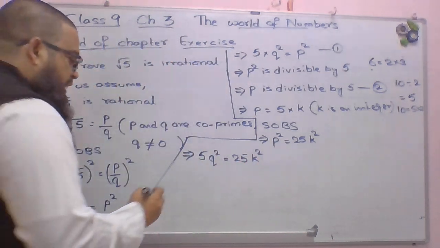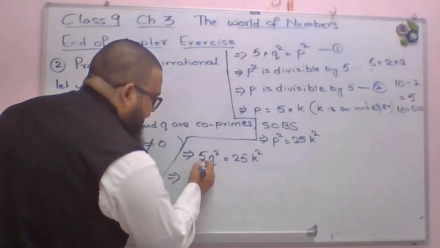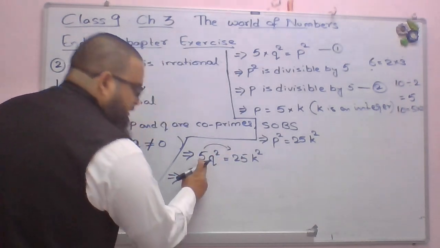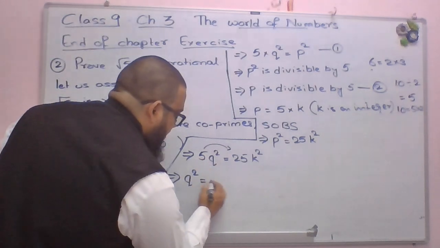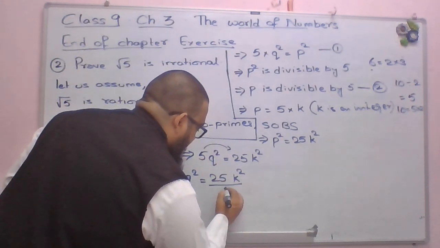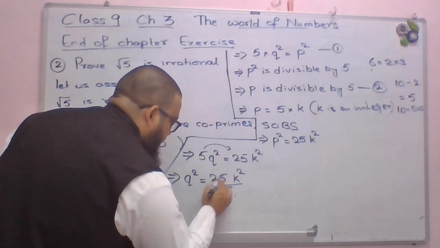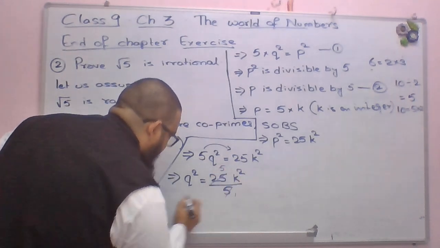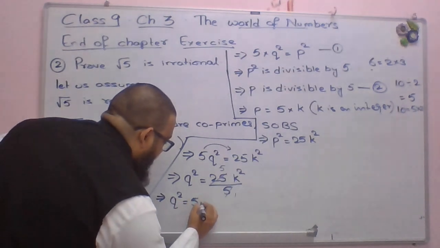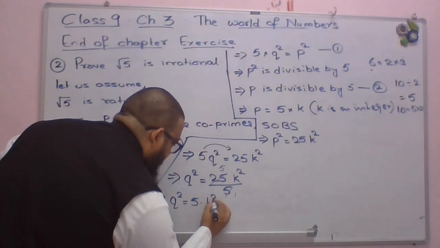Okay, now let me transpose 5 to other side. Since it is in multiplication, 25k square divided by 5. So 5 ones are 5, 5 5s are 25. So it became q square is equal to 5 times k square.